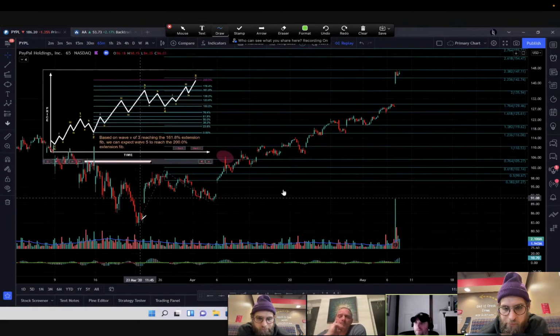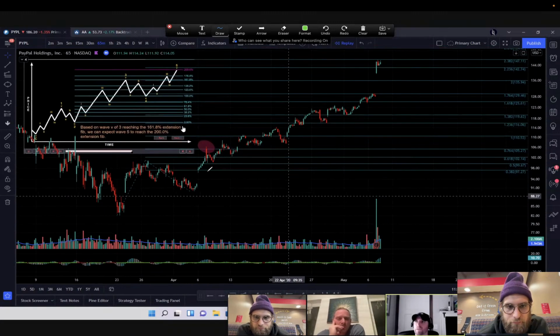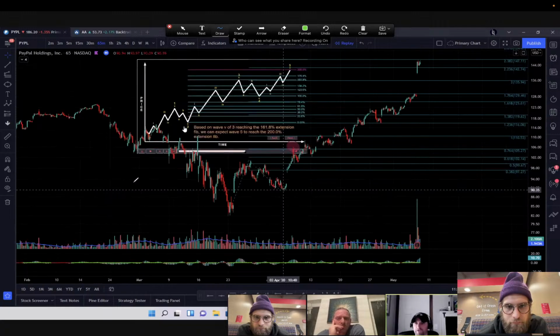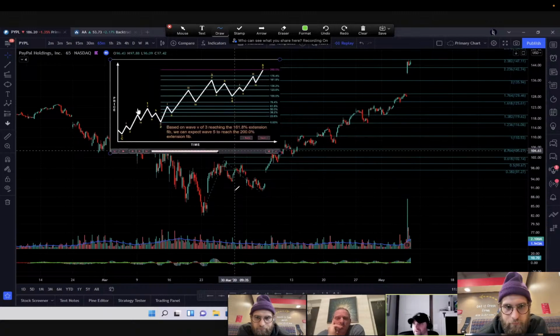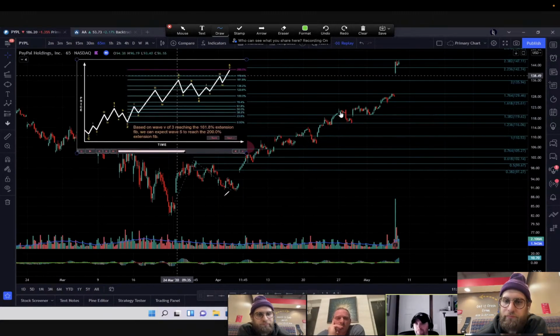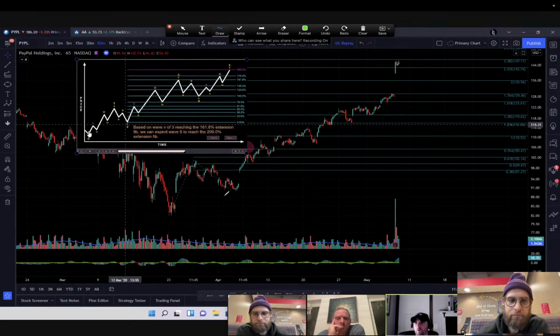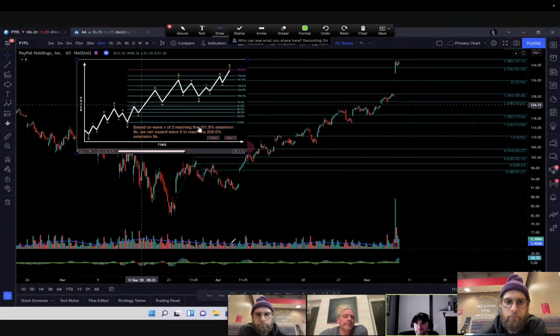That's where I wanted to do the blue, as in the big macro scale is going to be our 1, 2, 3, 4, 5. And then just specifically wave 3, that's where I did it in yellow. And the Roman numeral, the orange ones, are kind of the counts in between of where we're getting up to.